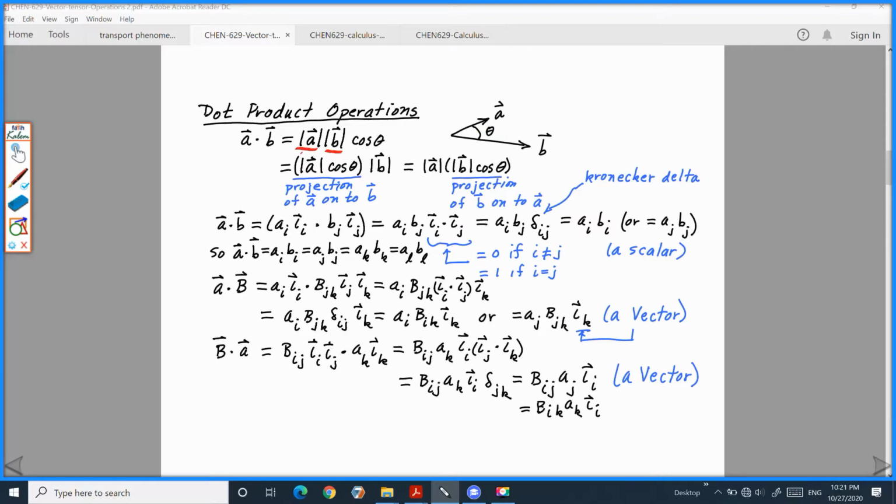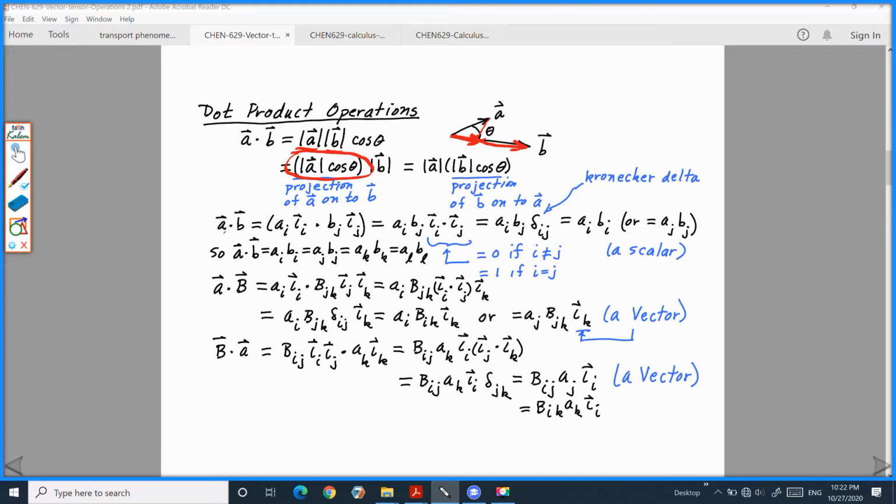Actually, this term is the representation of the projection of A on B. Let's say we have the projection of A on B: we have another vector here, and this is the vector B. This is the projection of A on B, so we call this length the length of A multiplied by cosine.